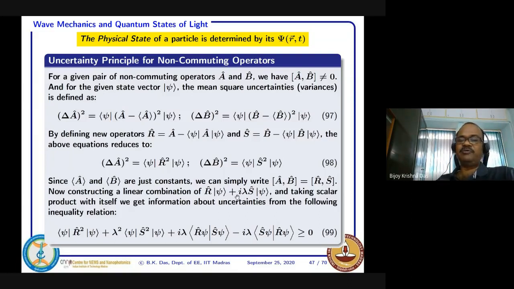We have defined R and S and their linear superposition with i lambda, where lambda is a real value, a scalar. This is a ket vector, and this is a ket vector, and you make a superposition. It will be another ket vector after the operations, and you can take a scalar product of that ket vector with itself.